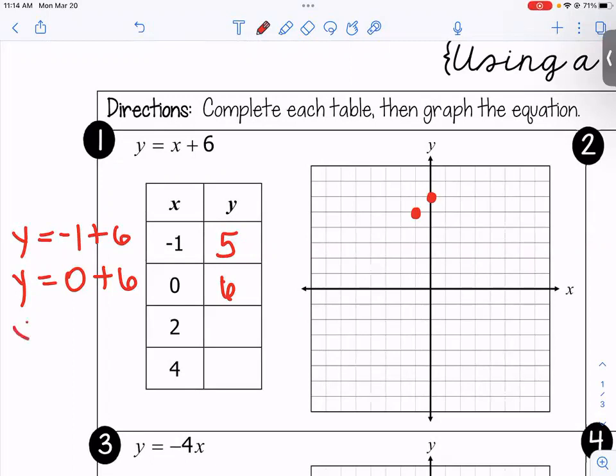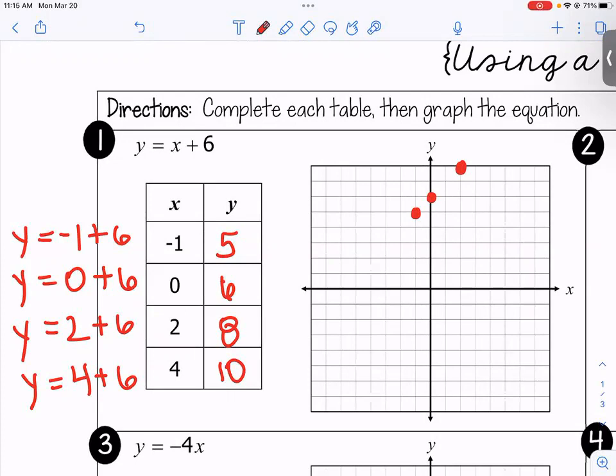Y equals x plus 6, but I am replacing x now with this number, 2. So it's 2 plus 6. And then y equals x plus 6, but I'm going to replace x with now 4. So we have the coordinate 4, 10.